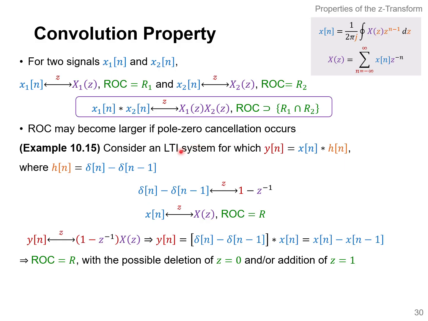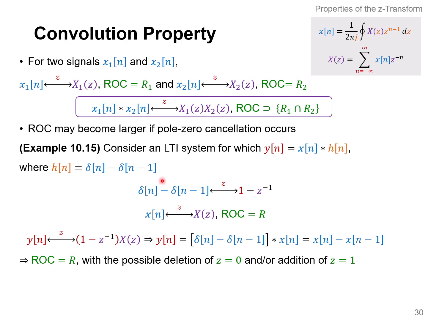Now let's look at an LTI system example. The output y of n is the convolution of the input and the impulse response. The impulse response here is the simple difference of two impulses.